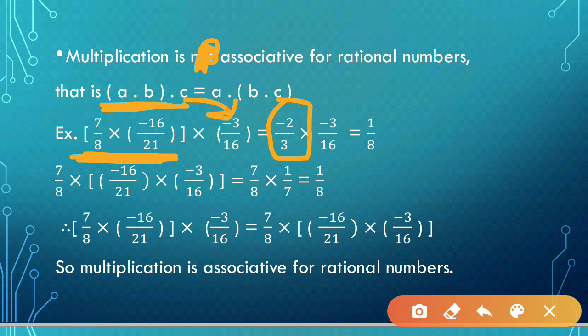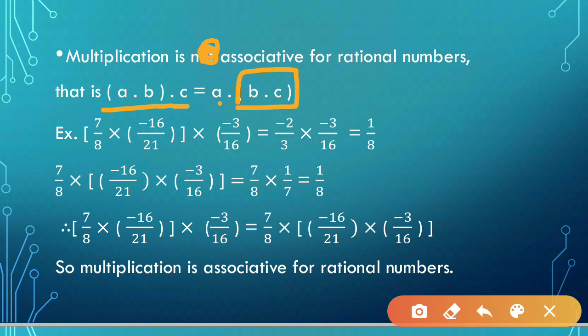So after solving the bracket a into b, when you multiply with c, you will get 1 by 8. This is your left hand side. Now solve the right hand side. First multiply b into c, and a will be as it is.